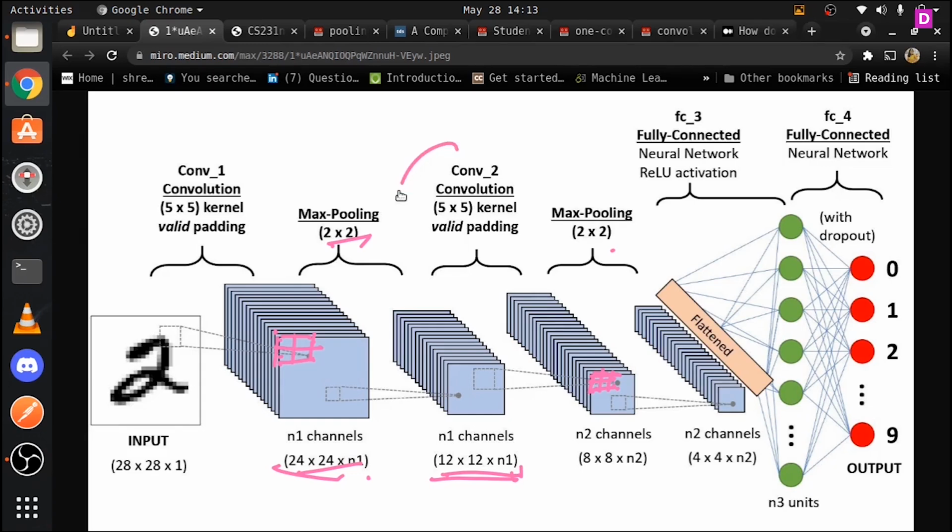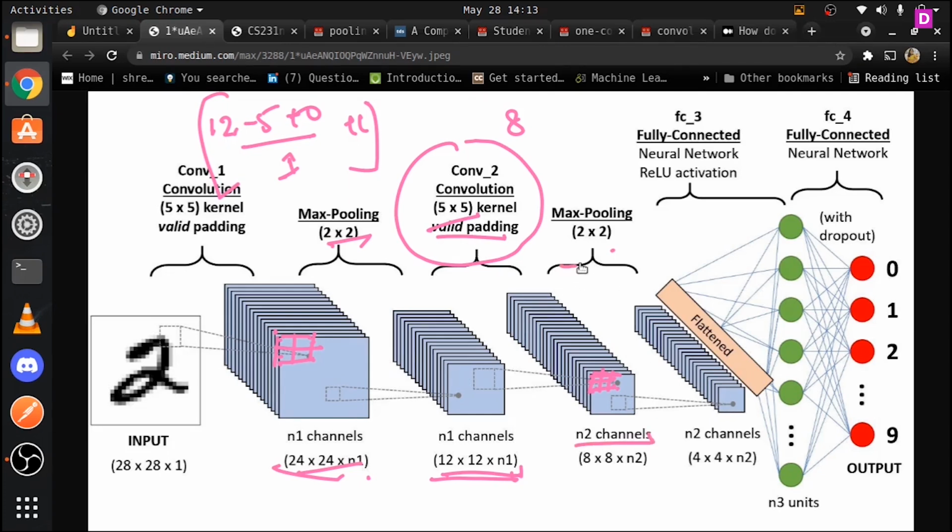Then again we will do another convolution on this. This is a 5 cross 5 kernel. Again the padding is valid, so no padding basically. How will you get the output? You have 12 minus 5, no padding so 0, divided by stride which is 1, plus 1. This is equal to 8. So you get the output 8.